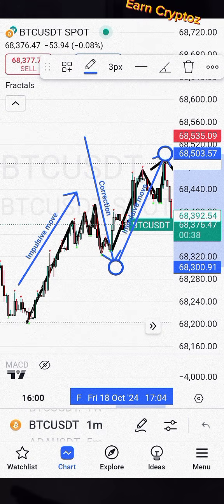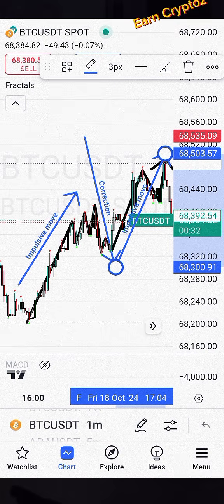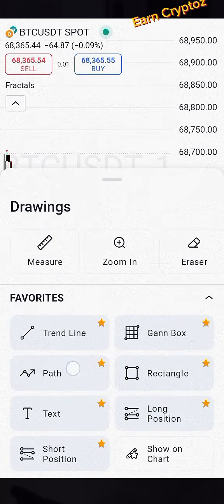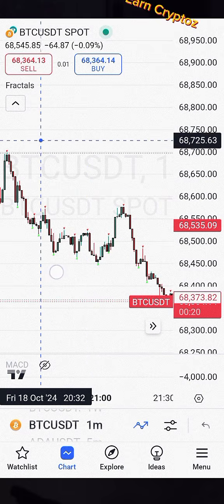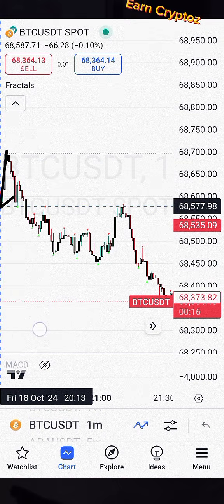So this is basically market structure. This is what the market is doing constantly on every time frame, from the highest to the lowest time frame. The market is always making impulsive moves and correction, impulsive moves and correction. So let's look at it in a downtrend market.